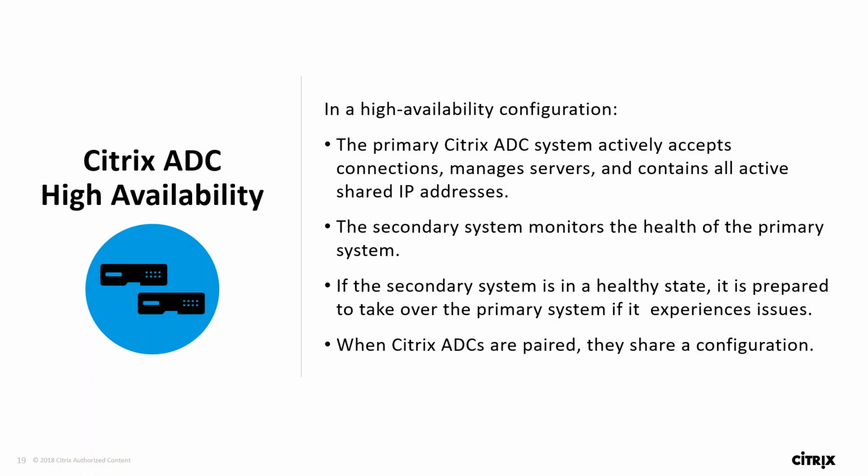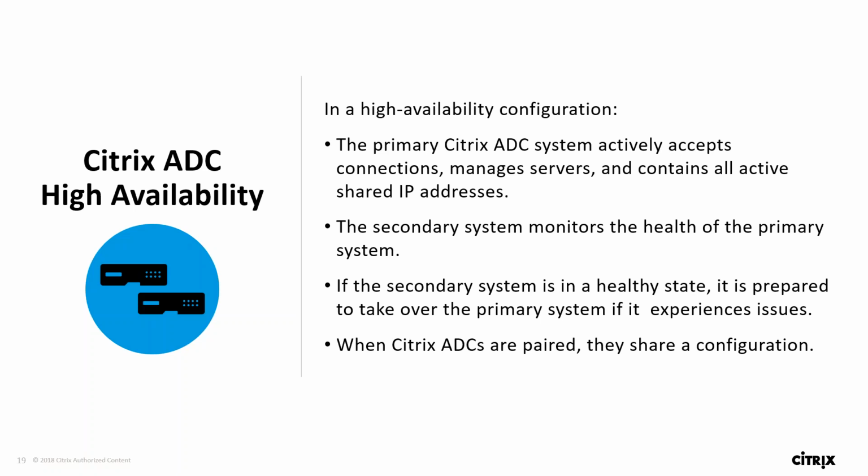In fact, that configuration is replicated between the two devices. The only thing that's unique between the two devices is the NSIP address of the device. The ns.conf will have a different node ID listing for the paired system.